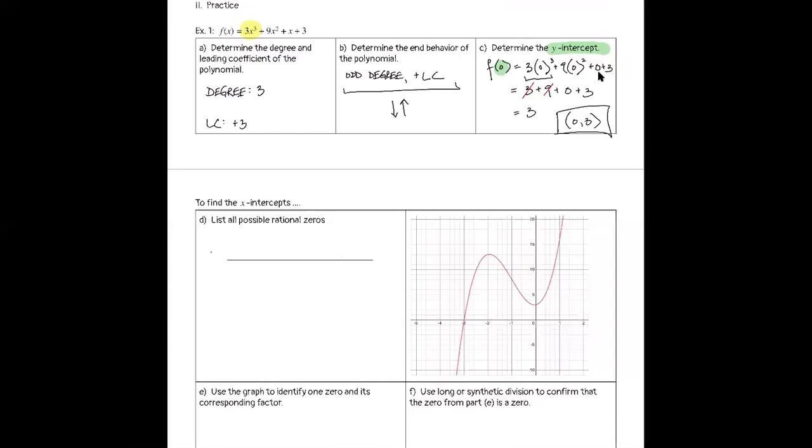And we're going to make sure to have the plus or minus cases, okay? So my constant is 3. So what are factors of 3? Just 3 and 1, right? Not a whole lot of choice there.